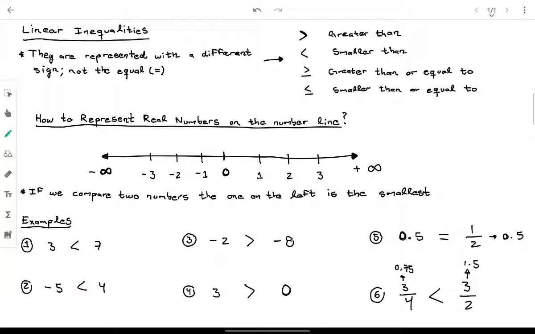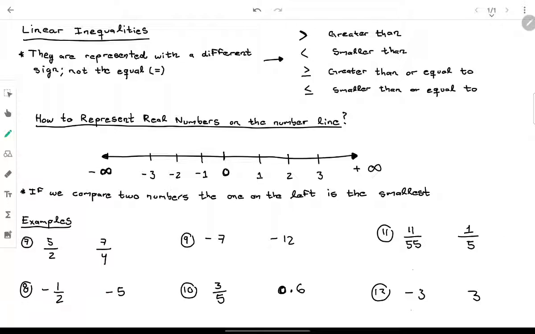So let's see other examples to finish today's activity on how to represent real numbers on the number line. These exercises are going to be very easy. So 5 halves and 7 quarters. Remember, representing fractions may be a little bit difficult, but if we do the division, 5 divided by 2 is 2.5, and 7 divided by 4 is 1.75.